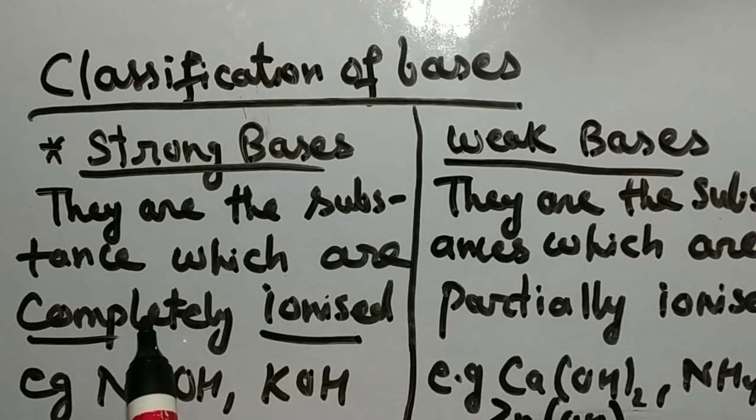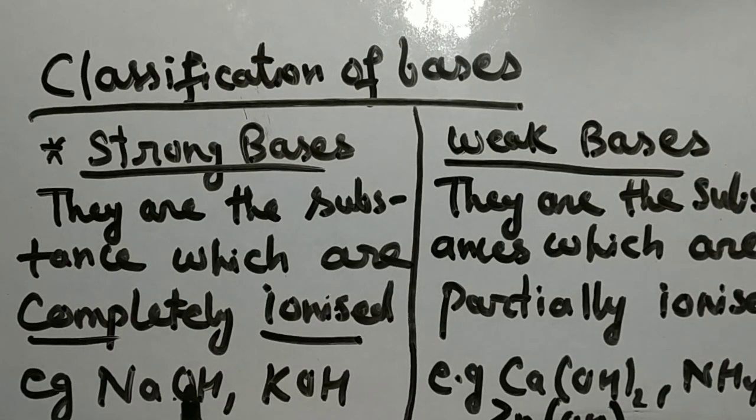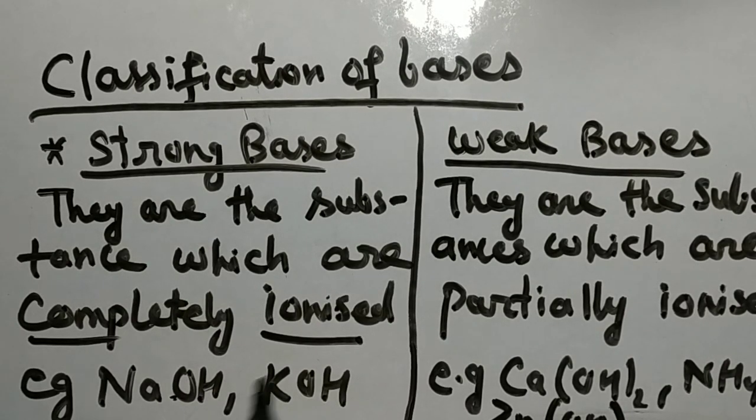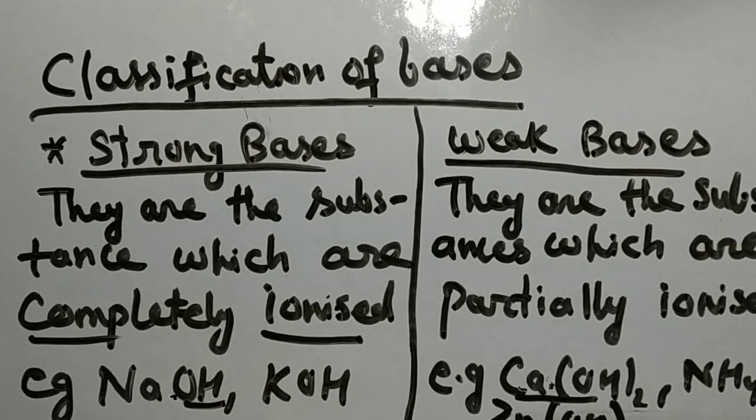Whenever I am talking about complete ionization, it means that in the aqueous solution, 1 mole of NaOH will completely give 1 mole of OH minus ion. But it is not similar for the weak bases. If a weak base is getting ionized in the aqueous solution, then it is not necessary that 1 mole of calcium hydroxide will give exactly 1 mole of hydroxide ion. It will be less than 1 mole. So the ionization of calcium hydroxide is not completely possible.